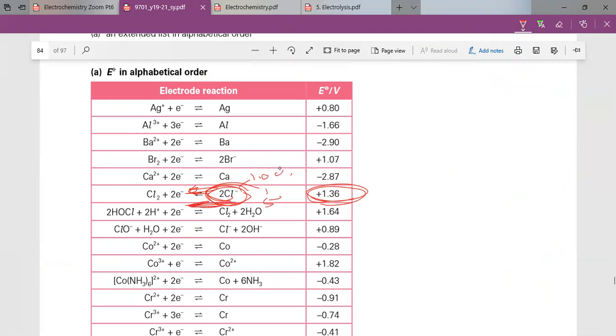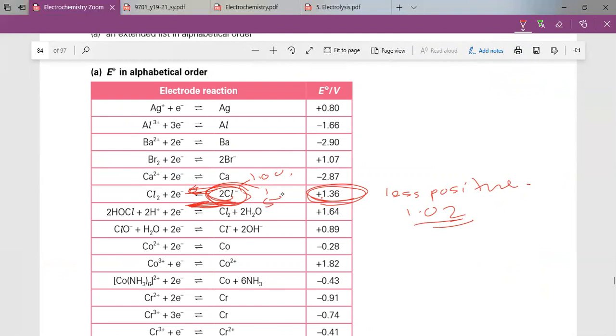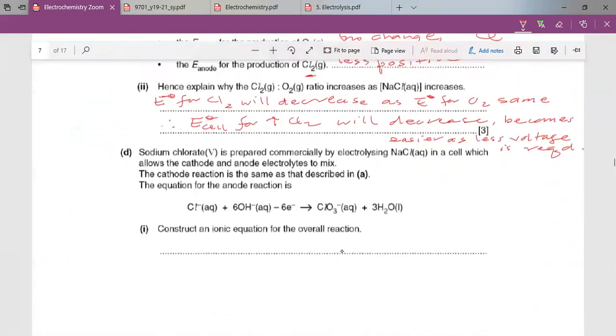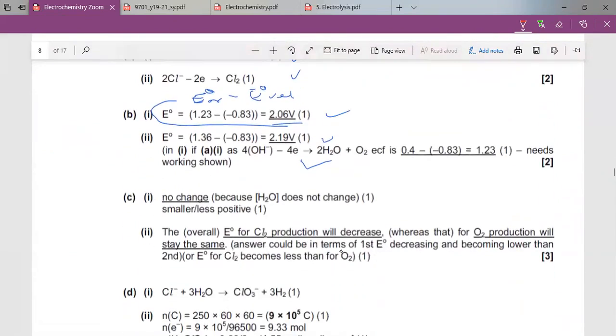It means it becomes less positive, maybe 1.02, whatever, less positive. So remember here, it says less positive. See the markings here? It becomes smaller or less positive.